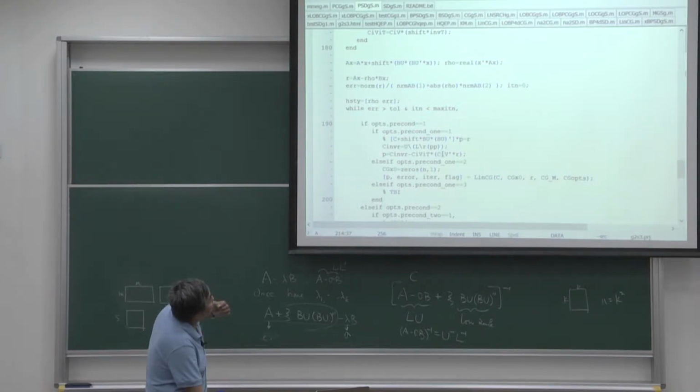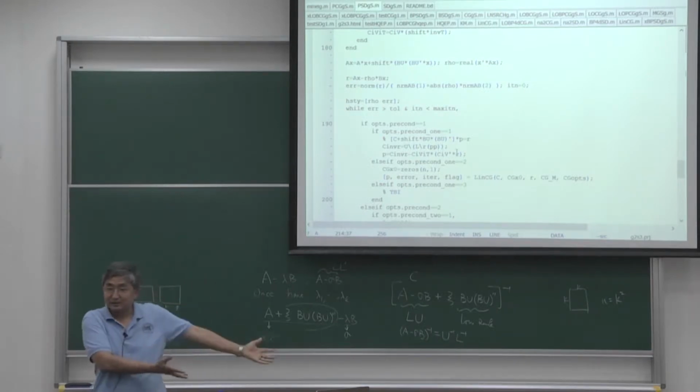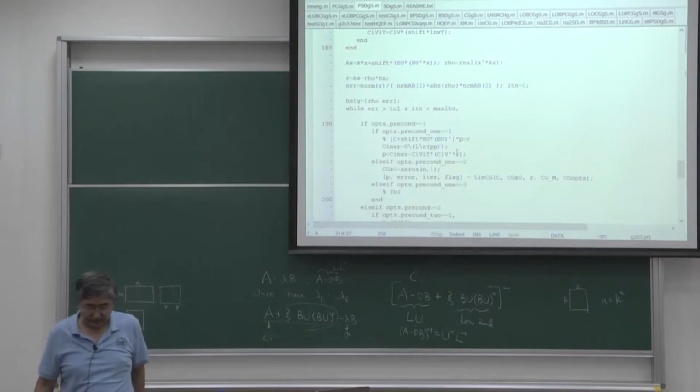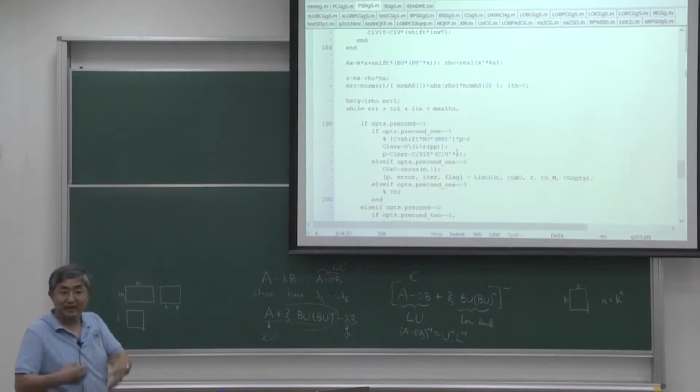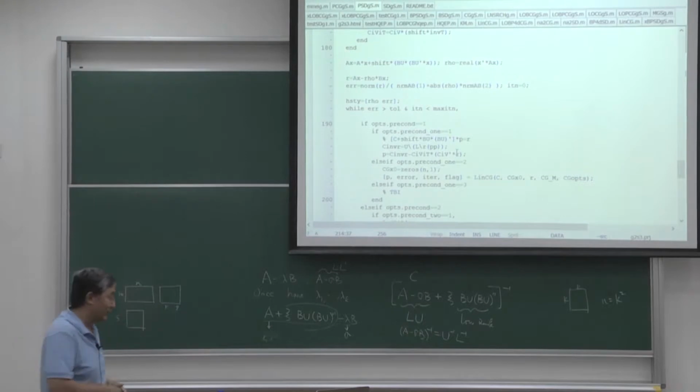Before, we computed C inverse V and C inverse V inverse T. So that's an implicit application of the Sherman formula to save work. You don't have to compute CIVIT at every step because you pre-computed it outside.